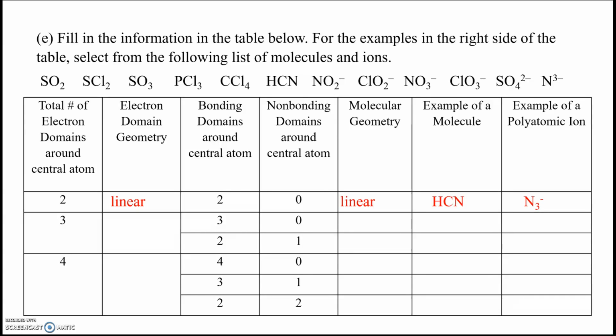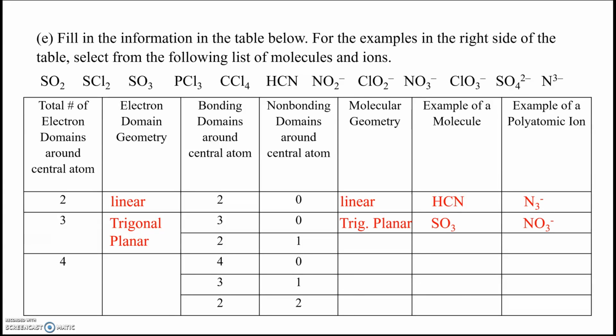All right, now we look at when I have 3 electron domains, I've got 2 ways I can break this out. But 3 domains around a central atom, the electron domain geometry would be trigonal planar. But I could either have 3 bonding domains and no non-bonding, or a 2 and 1 setup.